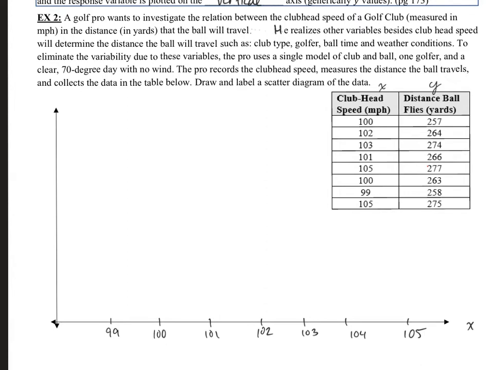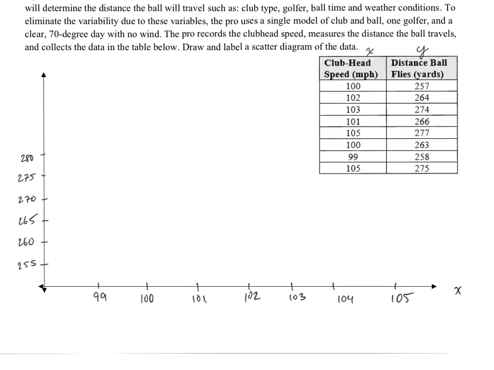Let's start at 255 and then go in increments of 5: 260, 265, 270, 275, and 280. Okay, and let's go ahead and label our chart.